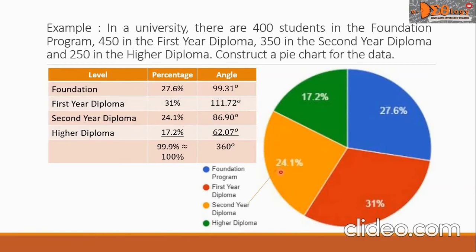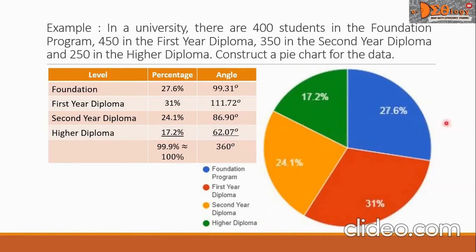Here we go. And the angle is 86.90 degrees. And this is the angle. The last level is the higher diploma with 17.2%. And there we write the 17.2%. And the central angle is estimated to be 62.07 degrees.